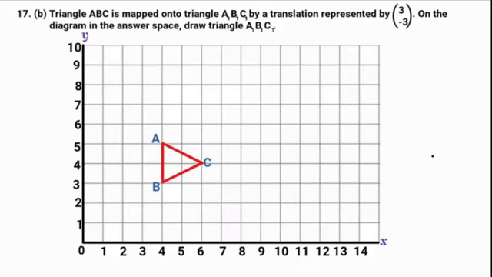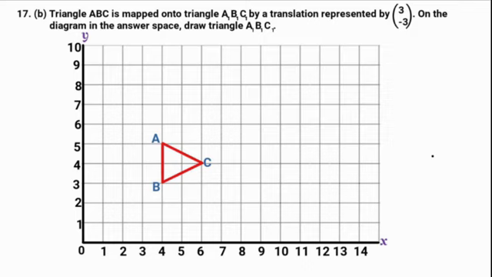Question 17b: triangle ABC is mapped onto triangle A1, B1, C1 by a translation represented by (3, -3). On the diagram in the answer space, draw triangle A1, B1, C1.